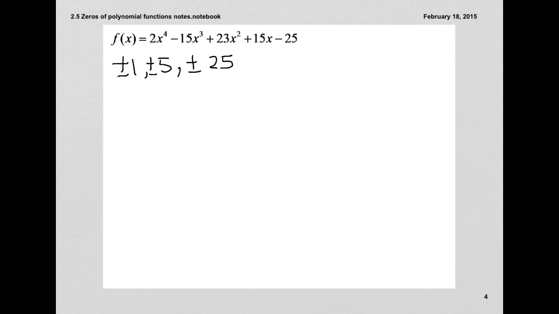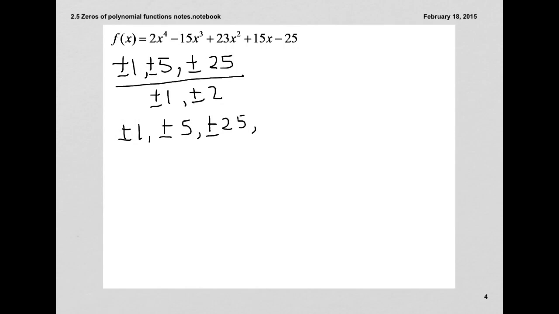Now, we also have to think about the factors of the leading coefficient. Now that the leading coefficient is other than 1, I have the multiples of plus or minus 1 and plus or minus 2. So you'll need to write out all of those possible roots. I have plus or minus 1, plus or minus 5, plus or minus 25.